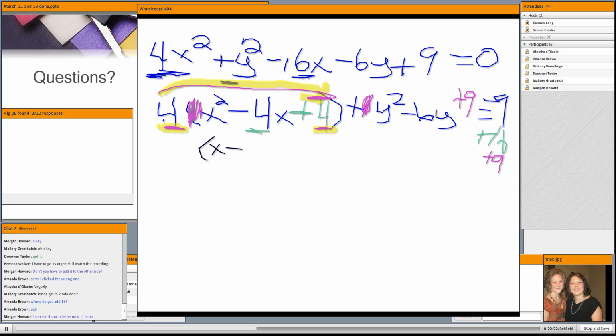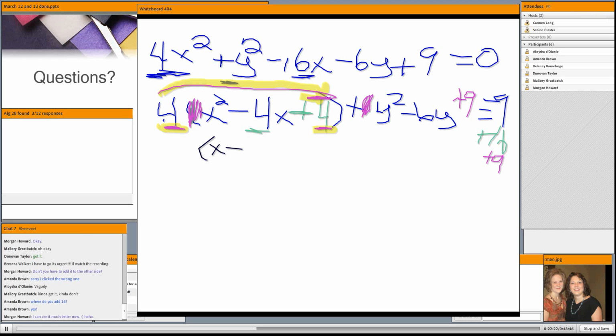Negative 2 times negative 2 is positive 4, and negative 2 plus negative 2 is negative 4. Remember, it's always going to be the variable, then the half part. Then we're going to add up 9, 16, and negative 9, which just happens to be 16.